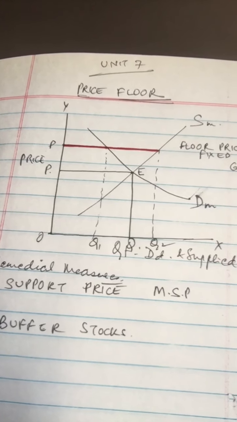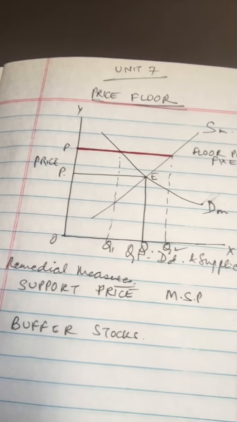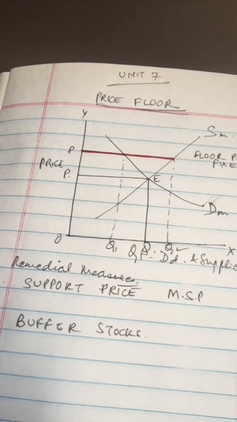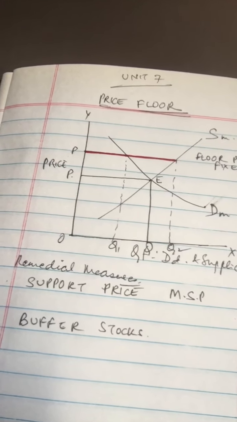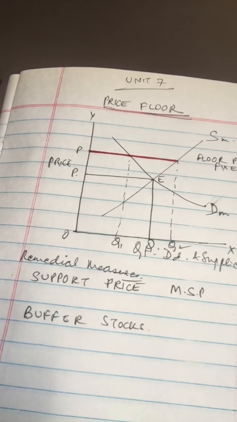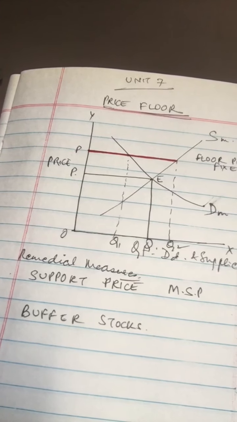It is used as a source of maintaining food grain reserves for regular distribution under the PDS, that is, the public distribution system. The government stands ready to buy the surplus output to maintain its buffer stock, which can be used in times of shortage. And of course, a better remedial measure would be that we could export the surplus.